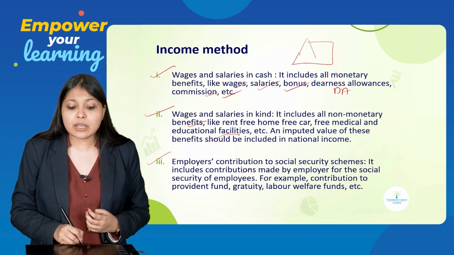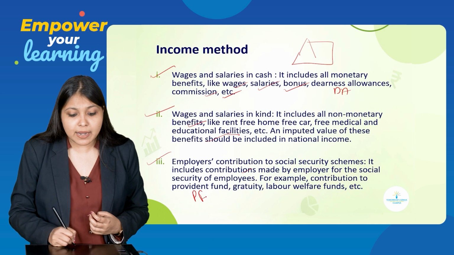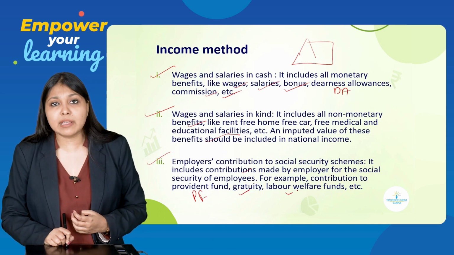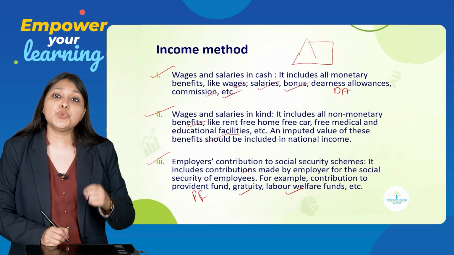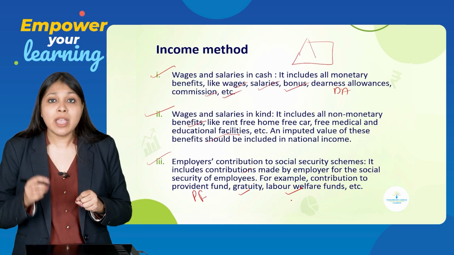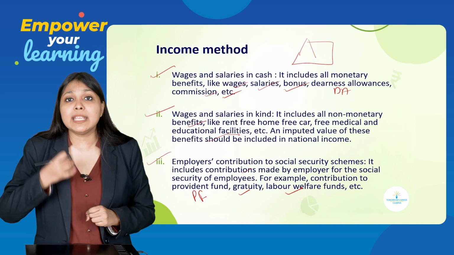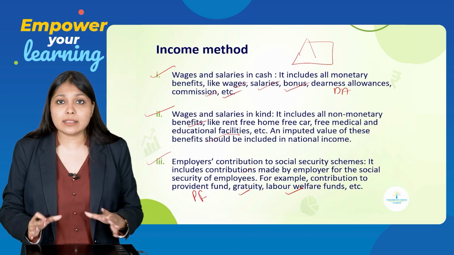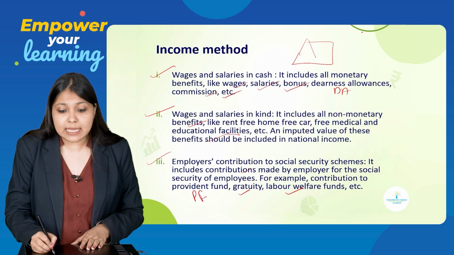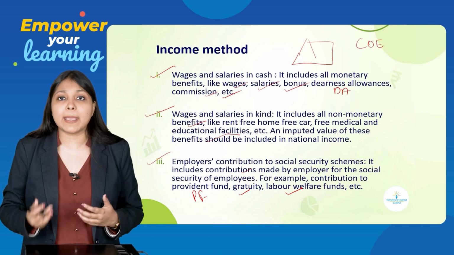Examples could be PF, that is Provident Fund, gratuity, labor welfare fund, etc. So these three are nothing but the elements of COE, that is compensation of employees.